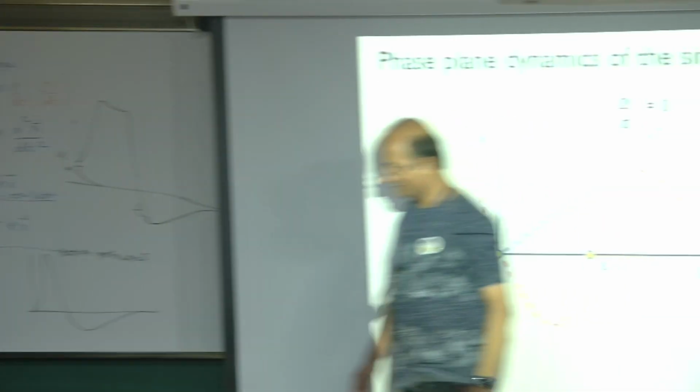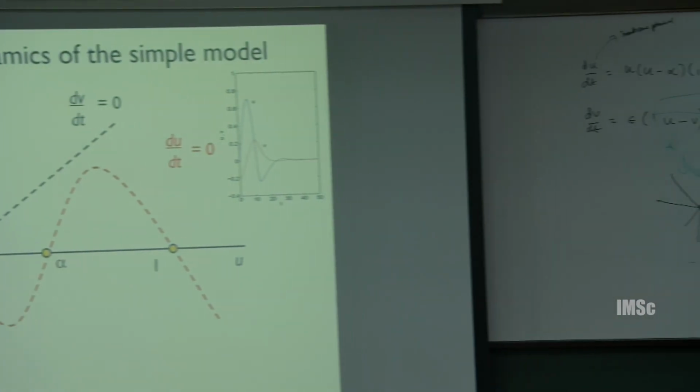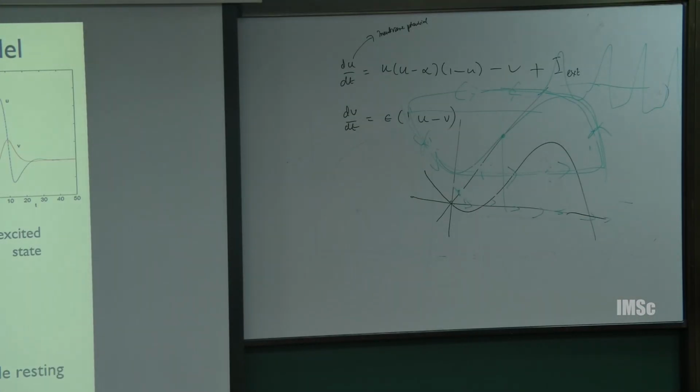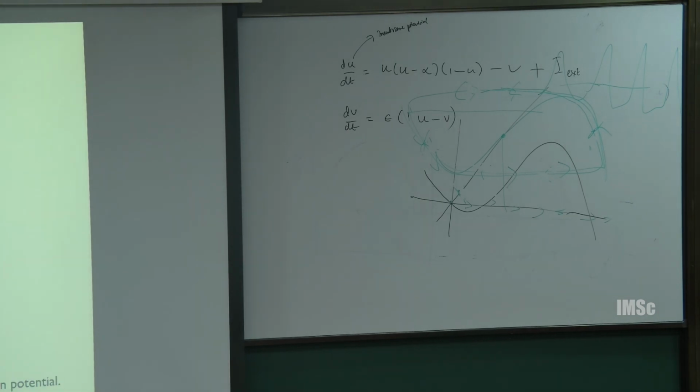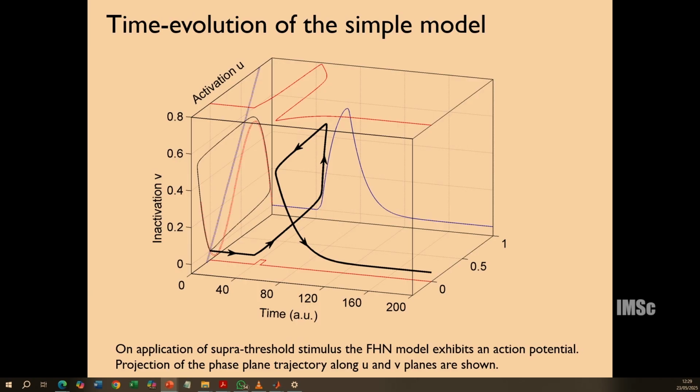This is your V curve, and this is basically a repetition of what I was saying. If you want to show how this looks in time, you can do a 3D plot where you have time along one horizontal axis, U along another, and V along the other, and you can plot the entire trajectory.